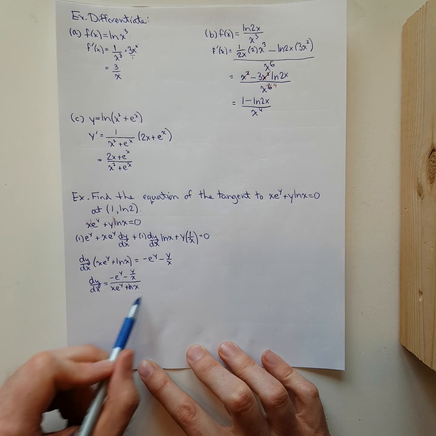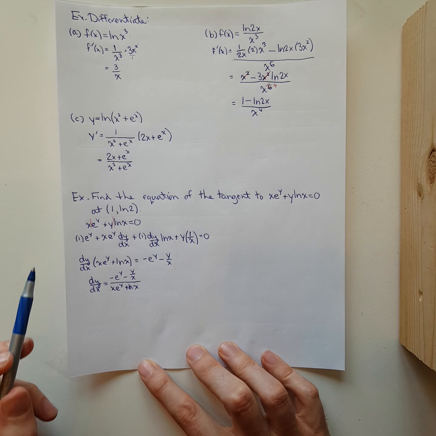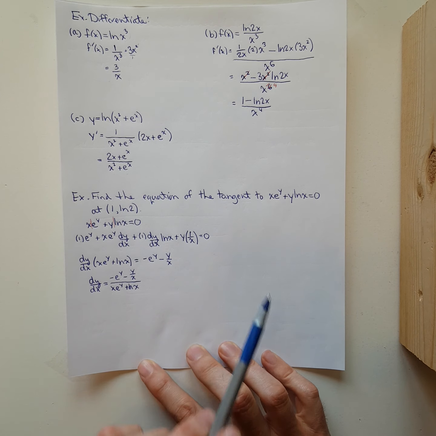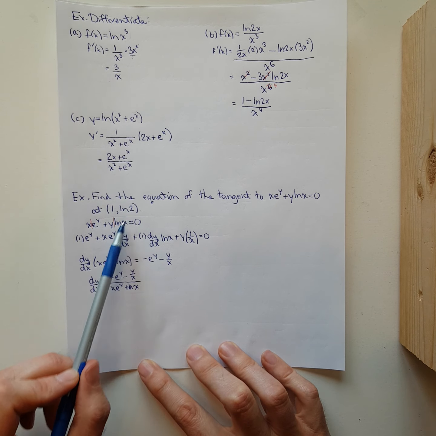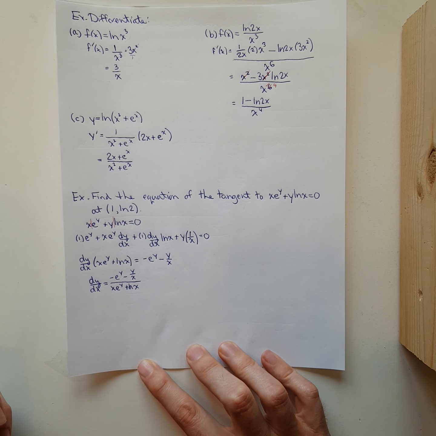So remember that this derivative is the slope of the tangent. Specifically, we want the equation of the tangent. So first we need the slope of the tangent at this point, and this point being on this curve.